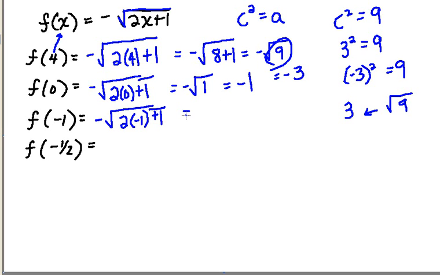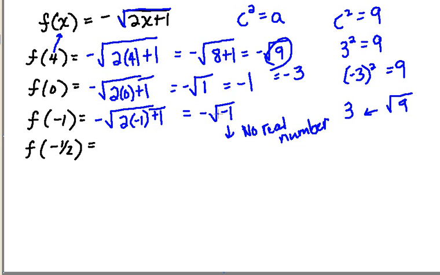Okay? Or what happens here is I get minus the square root of minus 1. Whenever I end up with a negative underneath my radical, that's a big uh-oh, for now anyway. And what it tells me is that there is no real number. Okay, in other words, the value does not exist as a real number.